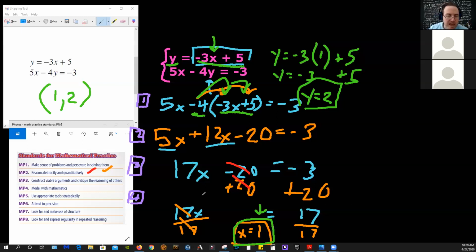And that 17x came from right here where I combined these two things. These both have x's on them, so I have 5x plus 12x, and that's where 17x came from. The -20 has been here ever since I did the distributive property because -4 times positive 5 is -20. And we just kind of kept it along with us because we needed it all the way to solve the whole problem.